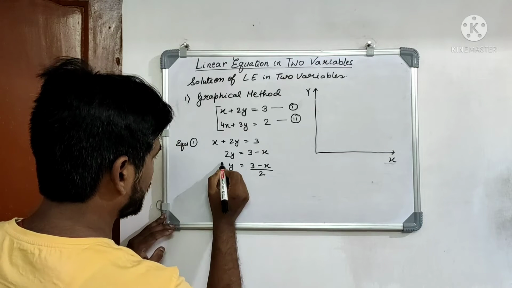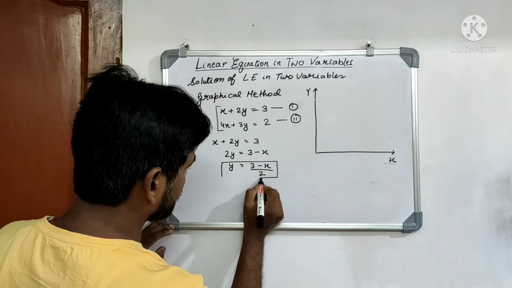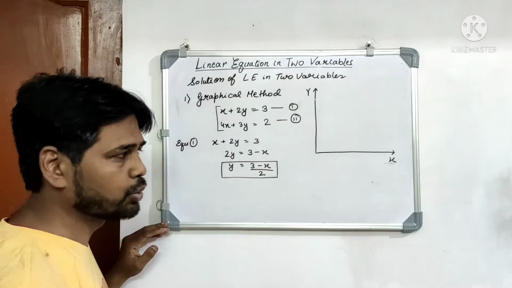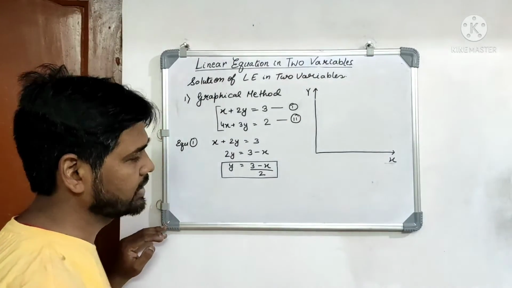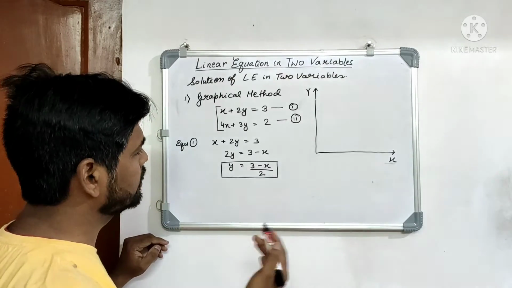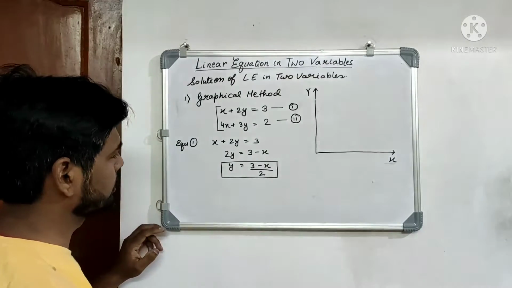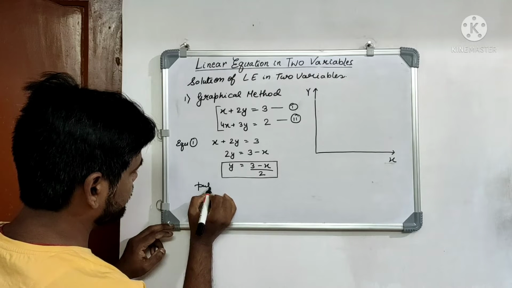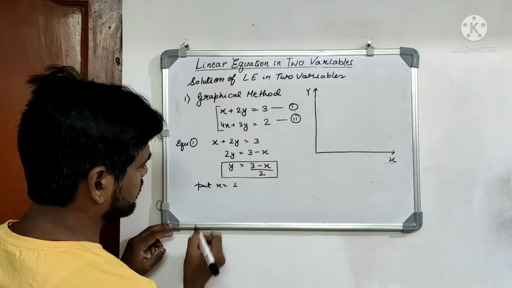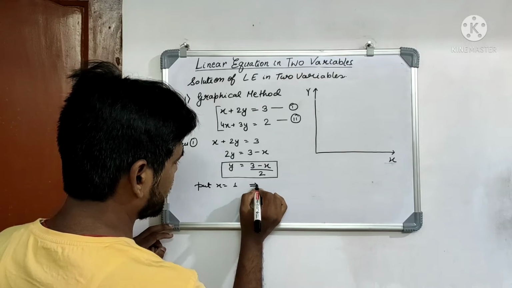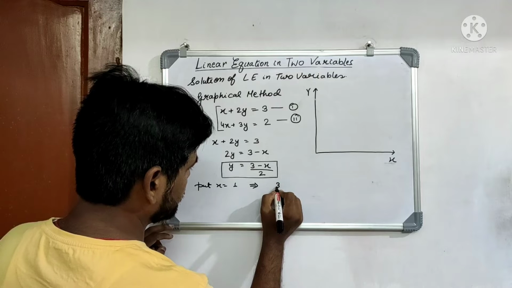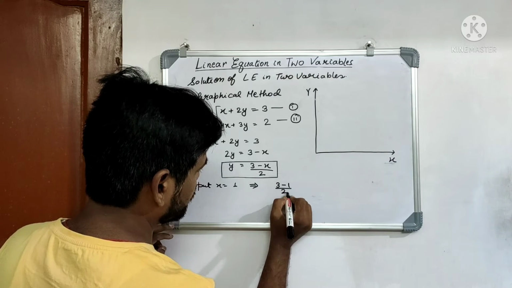Solving this equation, we would be able to get the values of x and y which are to be plotted on this graph, and as a result of plotting these points we would be able to find out the solution. Without wasting time, let us move on. Put x is equal to 1, we would get the corresponding value for y. See, 3 minus 1 upon 2.